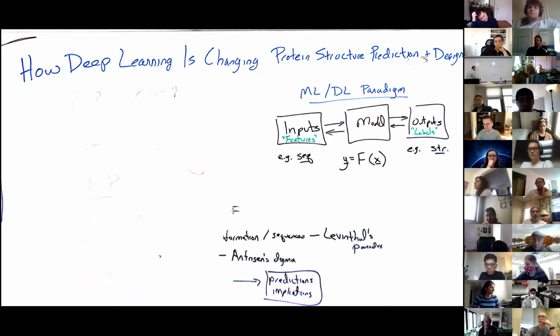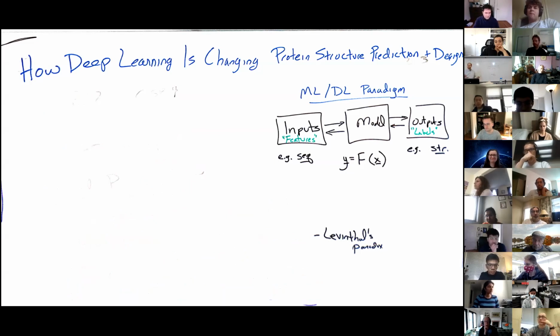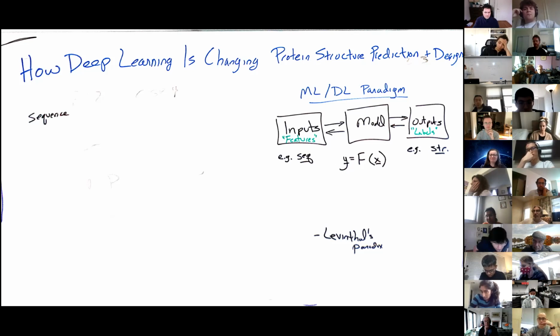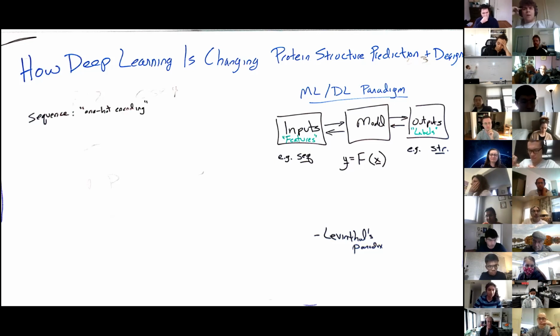All right, so the first thing when you say I want to do deep learning with proteins is you have to say, what are my labels going to be? What are my features going to be, right? So the sequence is a string of letters, but a string of letters is not, I mean, you can digitize that, but there's a simpler way to do it. So what we're going to do with that is what's called one hot encoding, where you take a series of bits.